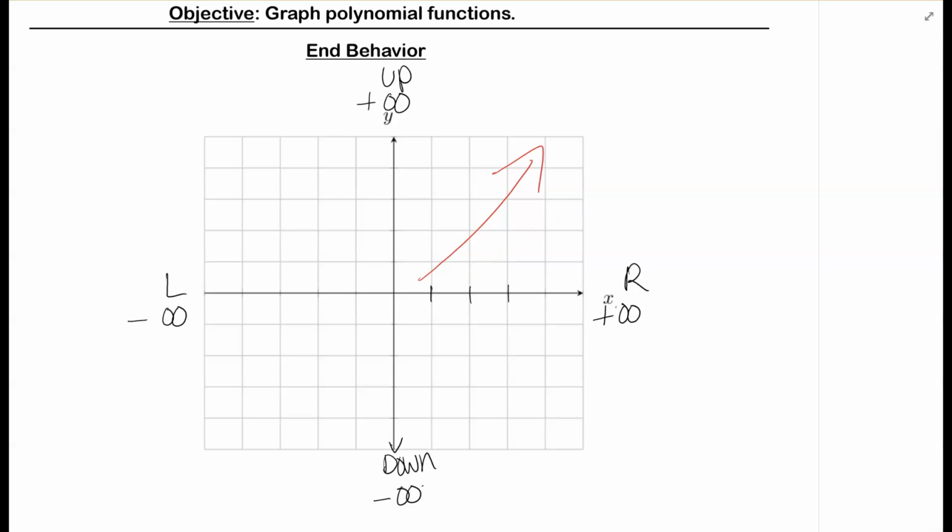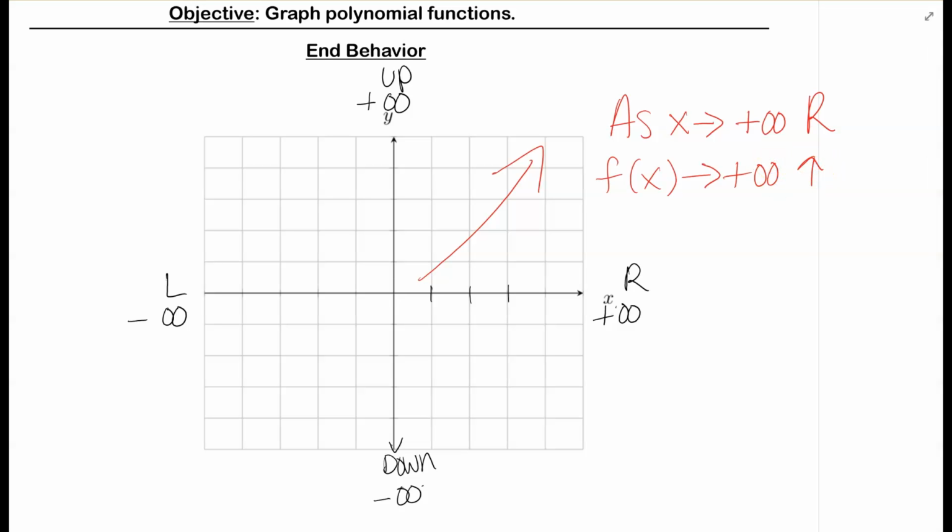And since the x's are approaching the right side, we say as x approaches positive infinity, because the right side is positive infinity, what are your f of x values or your y values doing? So f of x approaches, it's going upwards, so upwards is positive infinity.